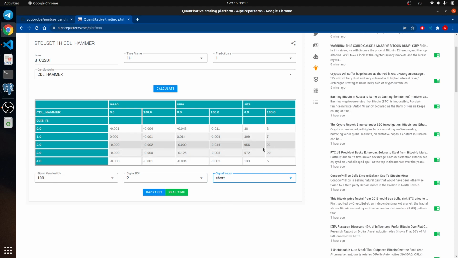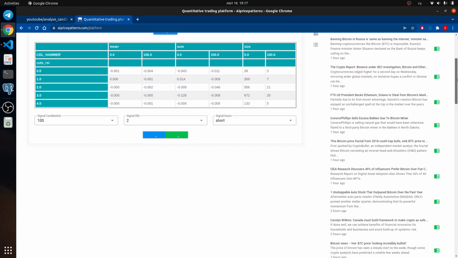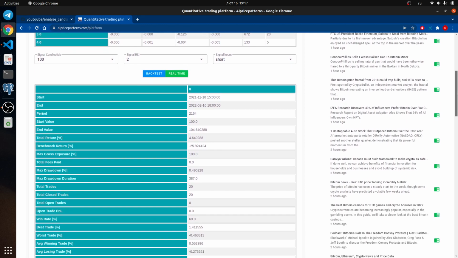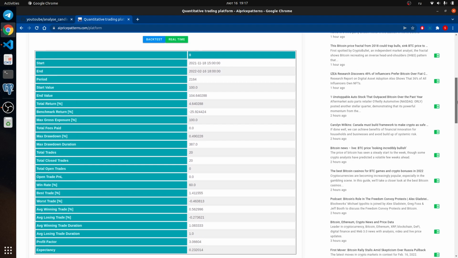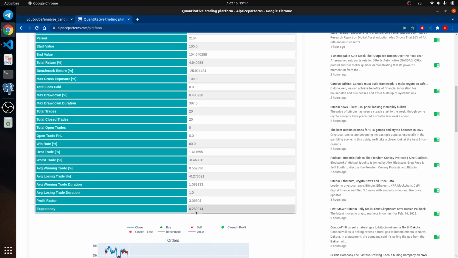Okay, but for this case we have only 21 cases. Let's analyze what happens. Okay, so we have total return of 4%, but in this time the benchmark return is negative, more than 25%.